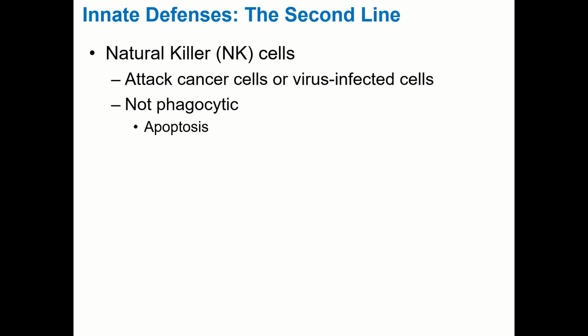All right, so again, the phagocytic cells include the neutrophils and the macrophages. And then our natural killer cells here are a little bit different. One of the ways that they're different is that they are not phagocytic.